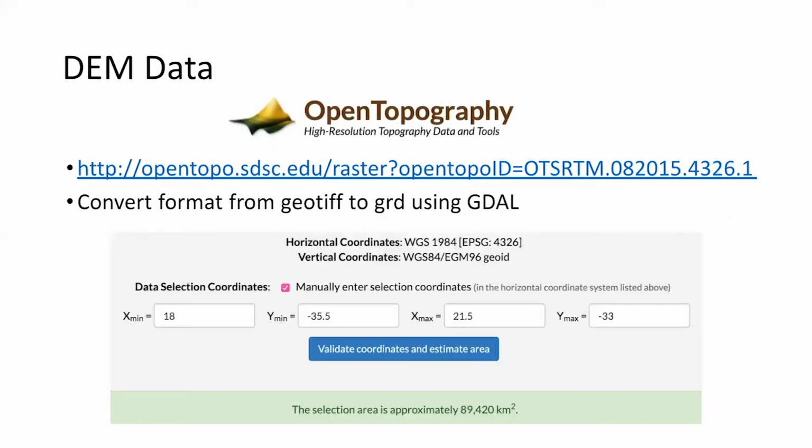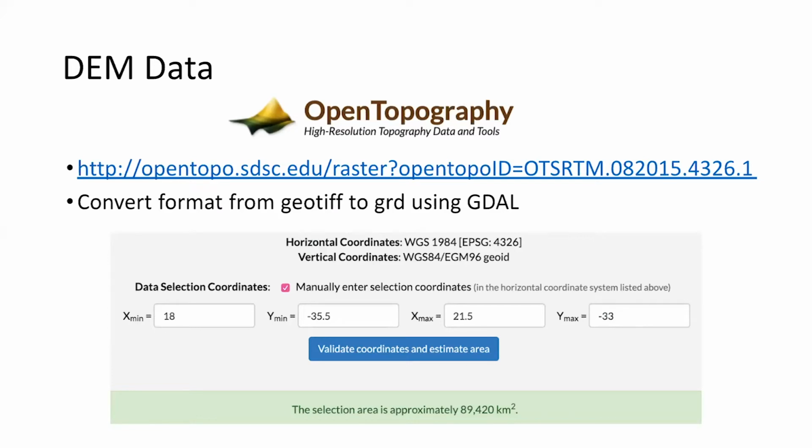For the DEM data, I tried to download it from the GMTSAR website yesterday, but it kept processing and could not be done. So I downloaded data from OpenTopography. Actually, I think this web application is run by the San Diego Supercomputer Center, run by the university.